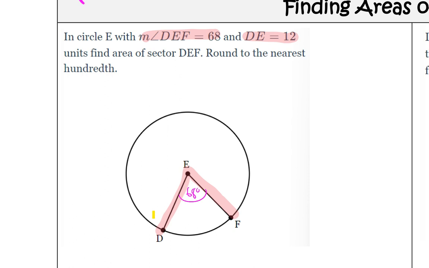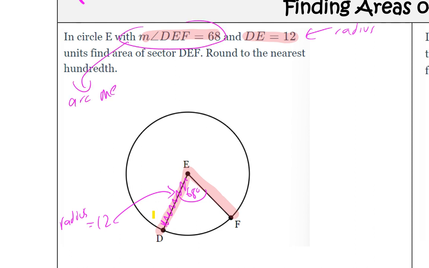DE is 12, so D to E is 12, and that is our radius. If the angle is 68, that means the arc measure is also 68 degrees. We're trying to find the area inside of here.